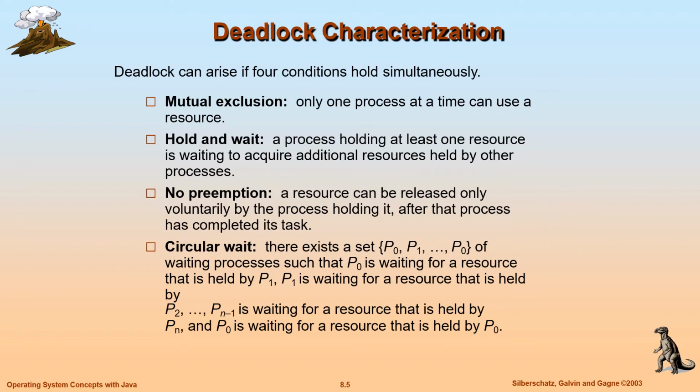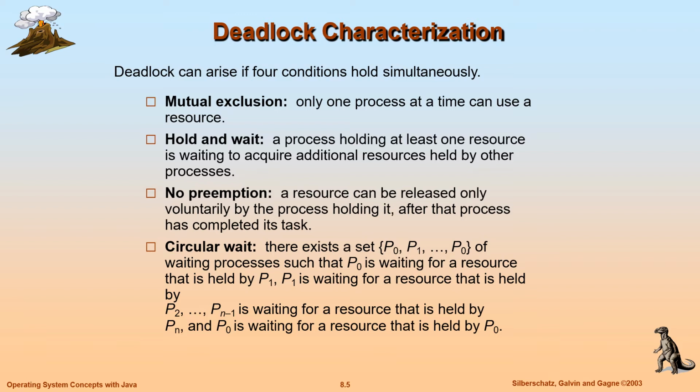Next we will see deadlock characterization. Deadlocks can arise if 4 conditions hold simultaneously. If these 4 conditions occur simultaneously, then we can say that deadlock has occurred.